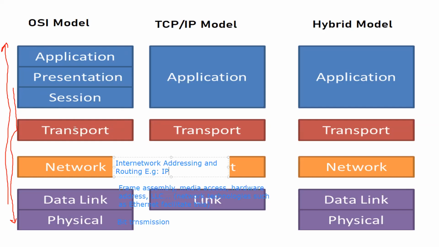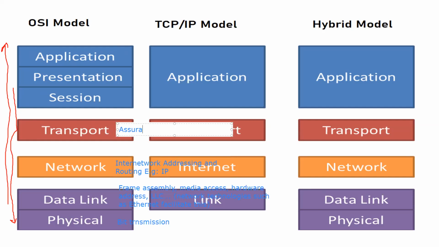Therefore, what is happening at the transport layer? A very simple definition is assurance of end-to-end guarantee. This is really important. Through a number of mechanisms, you are going to read about it, for example, multiplexing, demultiplexing, encapsulation.